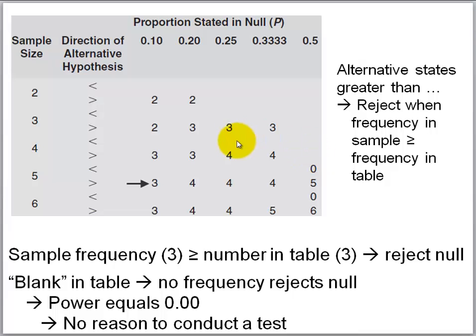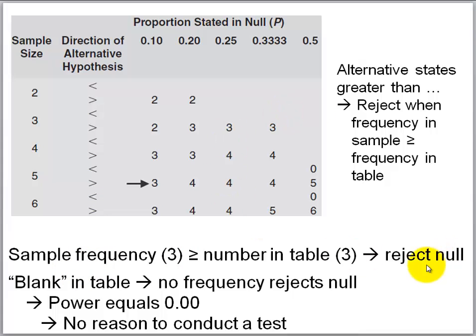As another example, when sample size is 4, and look, here are four columns, and we see for these 4 proportions blanks where there should be numbers. And here again are some more cells of the table that are blank.